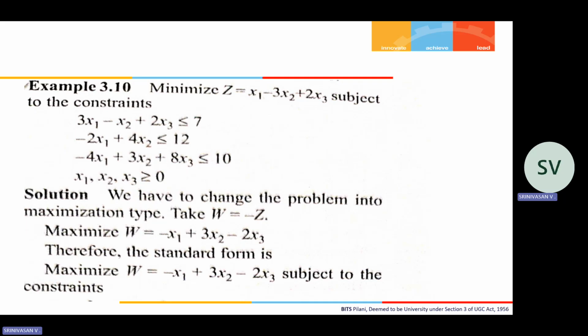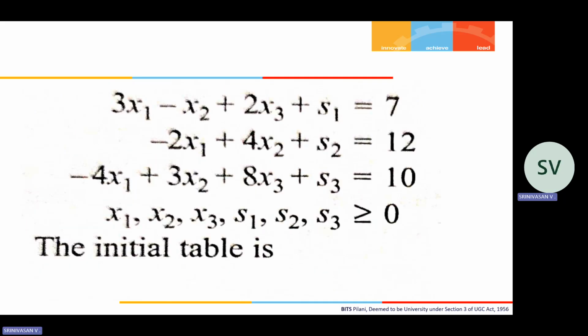So there are no changes in the constraints, because all of them are of less than or equal to type. If they are of greater than or equal to type, then you have to make them less than or equal to type. Then you have to add only slack variables. Since all three constraints are of less than or equal to type, you just add slack variables s1, s2, s3 in that order. Of course, x1, x2, x3, s1, s2, s3 are greater than or equal to 0.